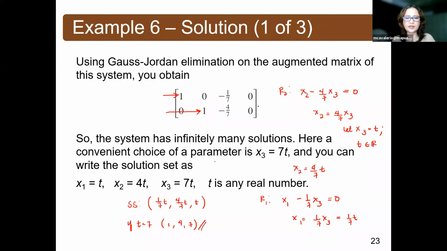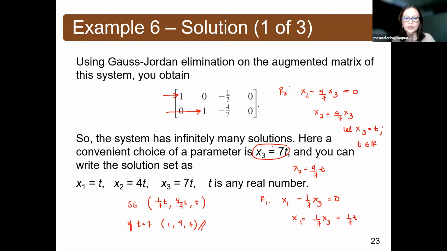In this case, another choice of the parameter is 7t. If you allow x sub 3 to be 7t instead of t, you can also have that, so that x sub 1 becomes t and x sub 2 becomes 4t, and x sub 3 equals 7t, where t is any real number.